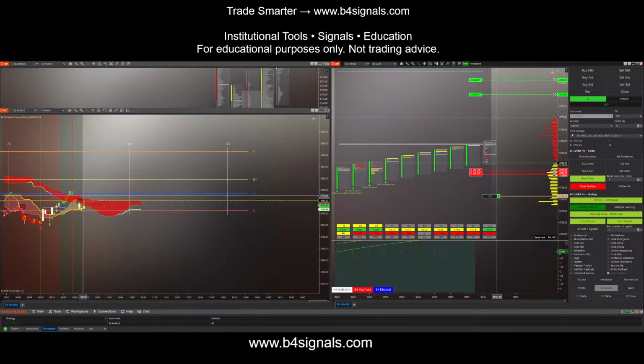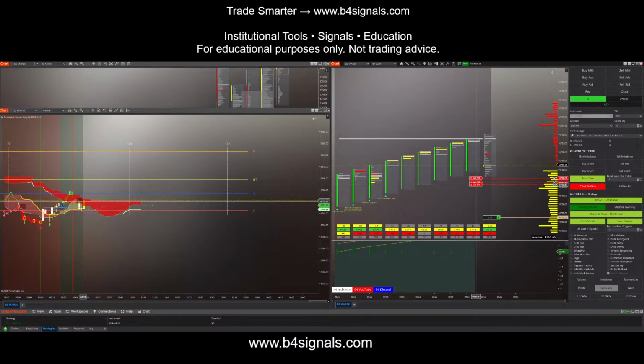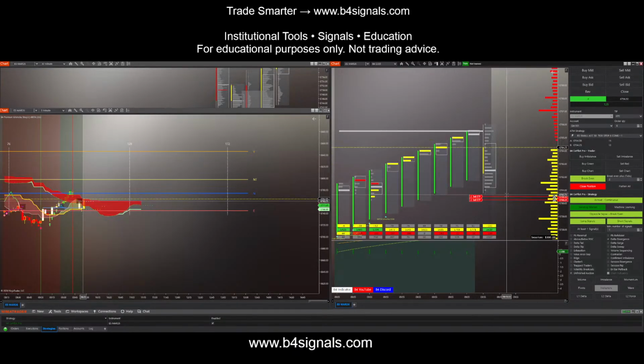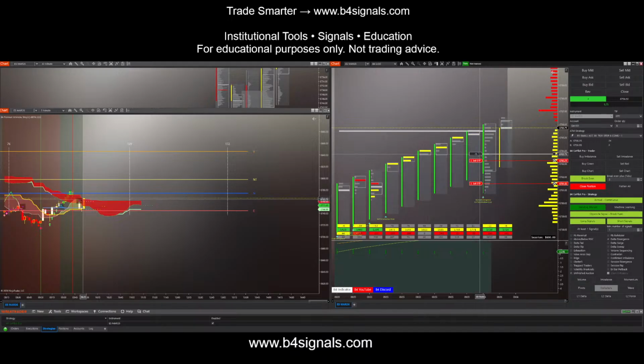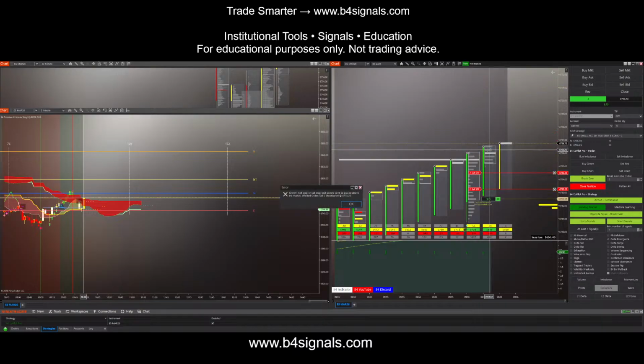Don't want to limit that. We're guarding far enough back. ATM's doing a really good job. Stub filled. ATM out a little bit. Order filled.